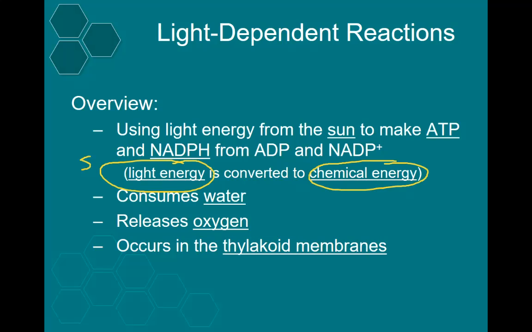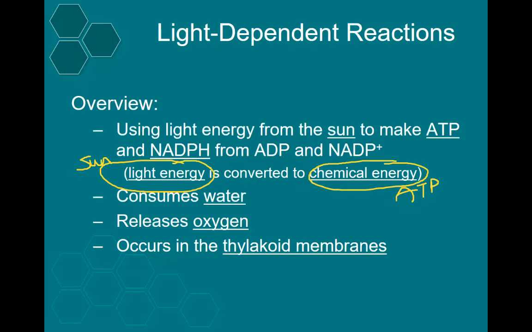So this is coming from the sun and we are going to convert this primarily into ATP. Yes, there's NADPH as well, but ATP is the primary stored chemical energy that we use to walk, talk, think, and blink.